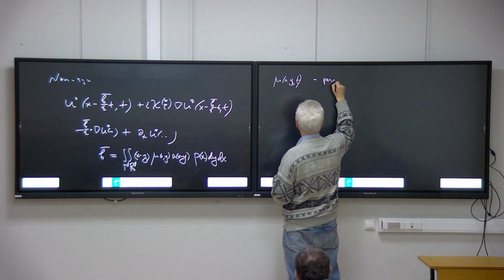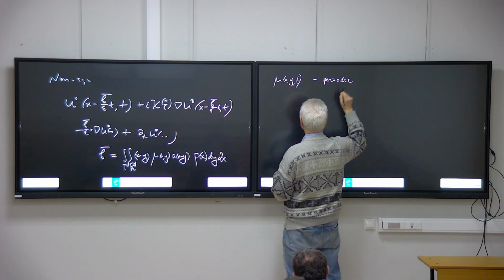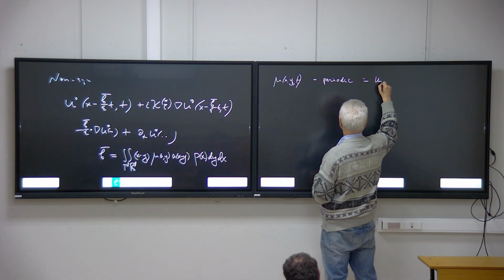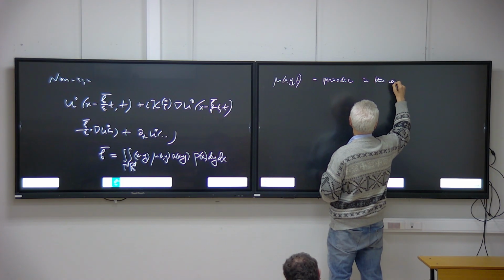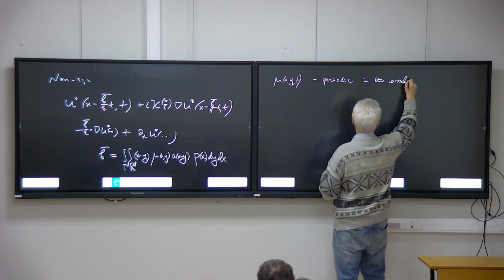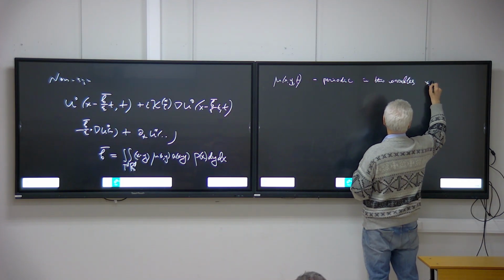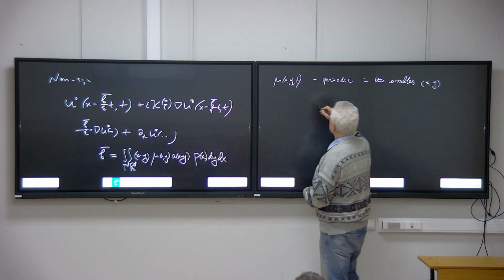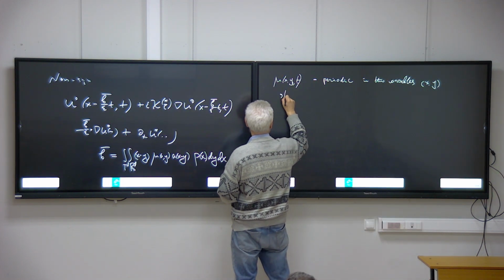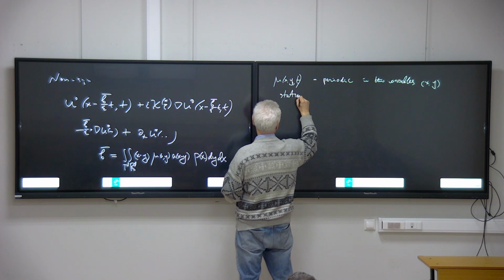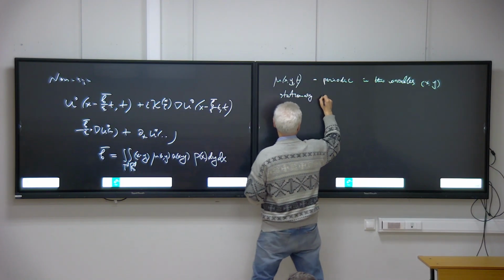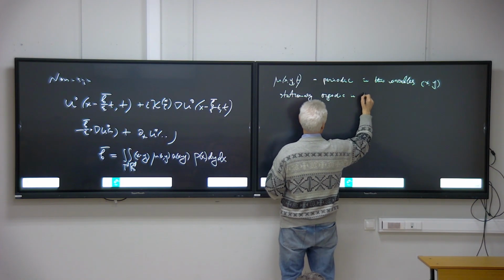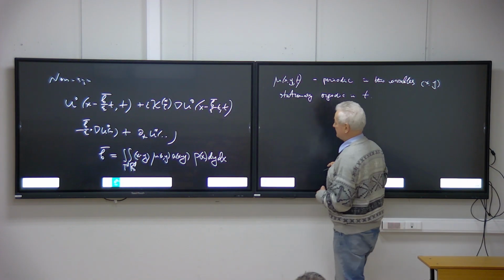So, periodic, as before, 0, 1 periodic in each coordinate direction in the variables x and y. Stationary ergodic in time.